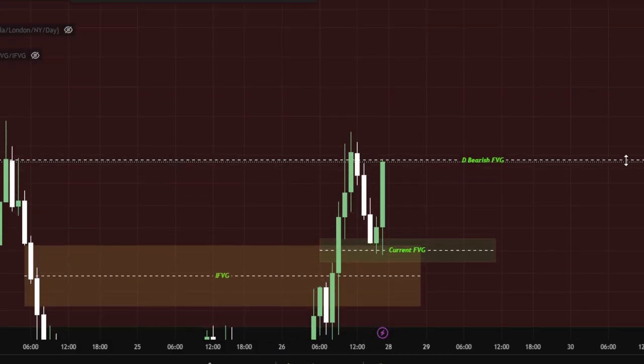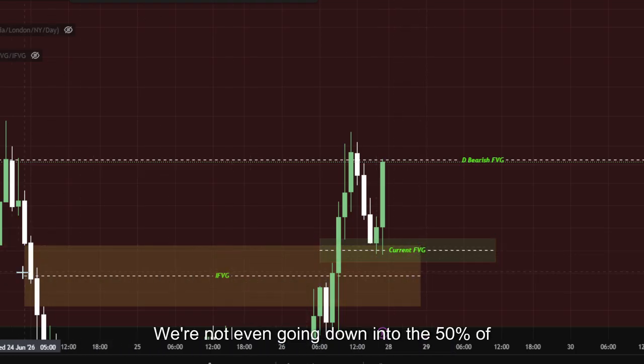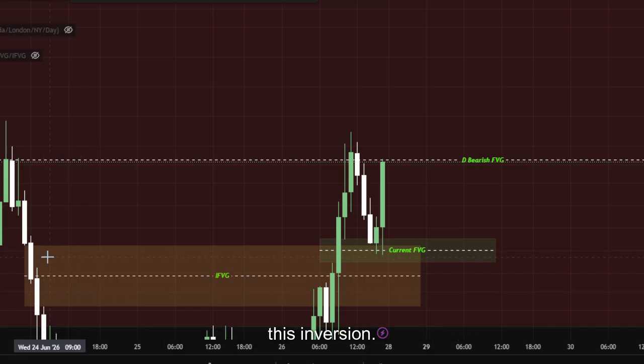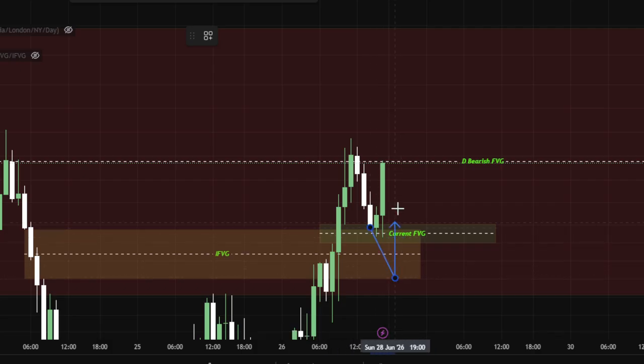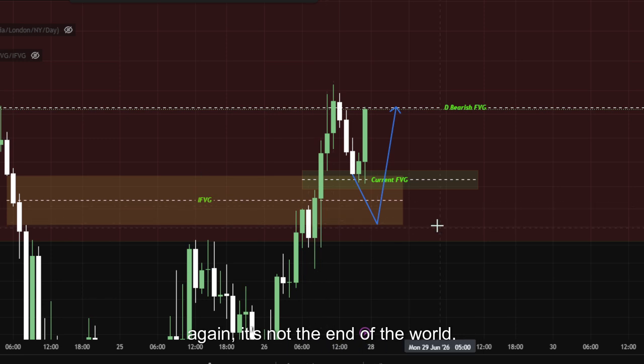Okay. We're getting the 50% of the bullish fair value gap. We're not even going down into the 50% of this inversion. Again, that is a bullish signature. If we had corrected down to here and then done this, again, it's not the end of the world.